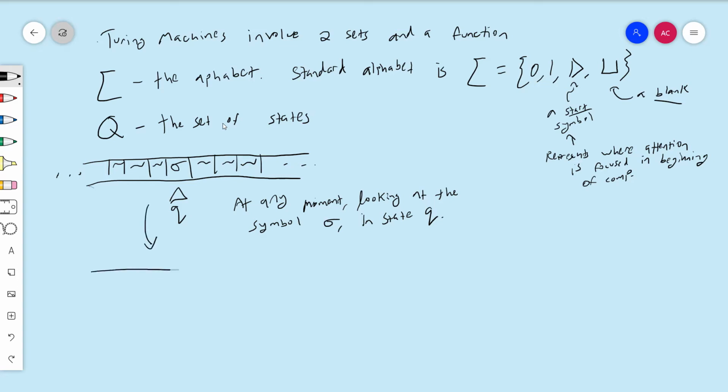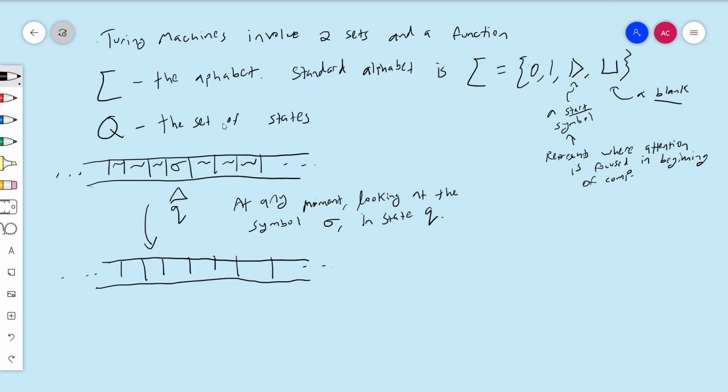And so there's got to be a function, an instruction telling me what to do. I already kind of specified it. First of all, the head is going to move either left or right or not at all.